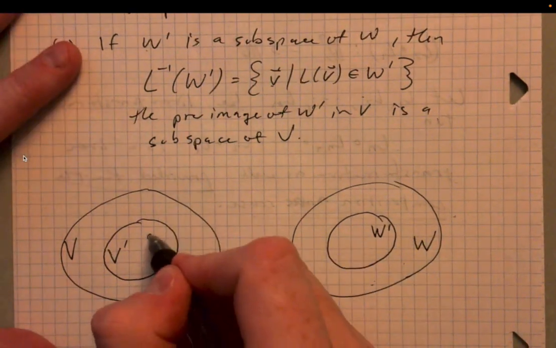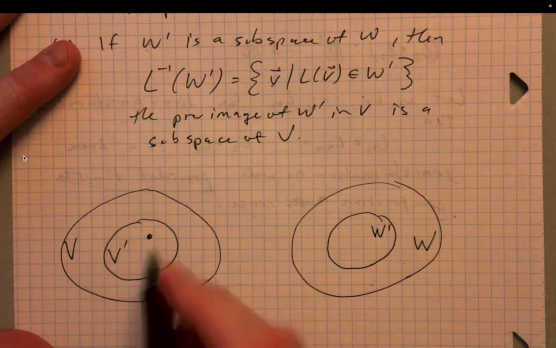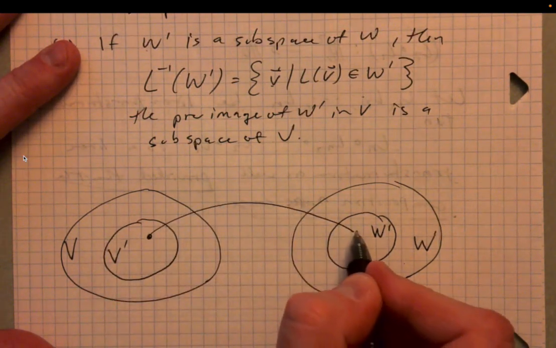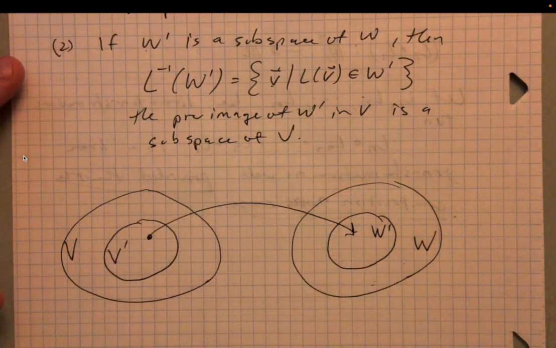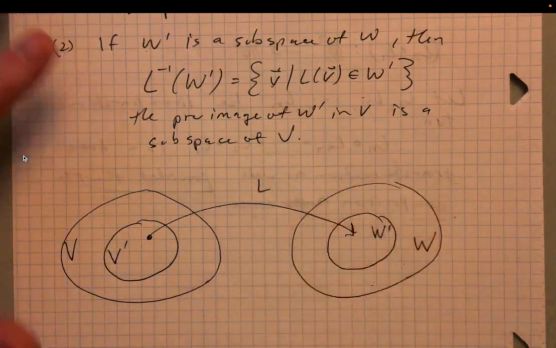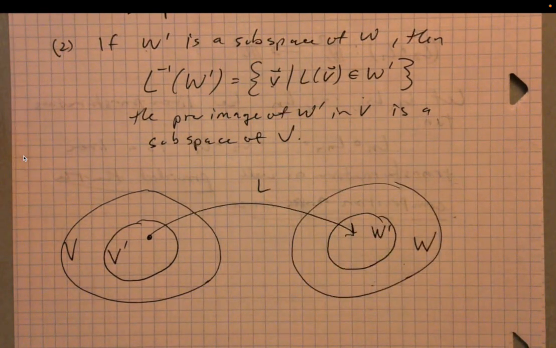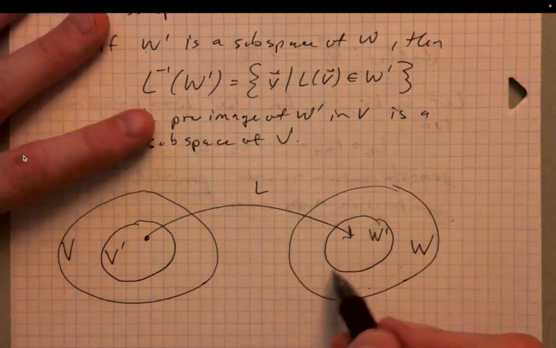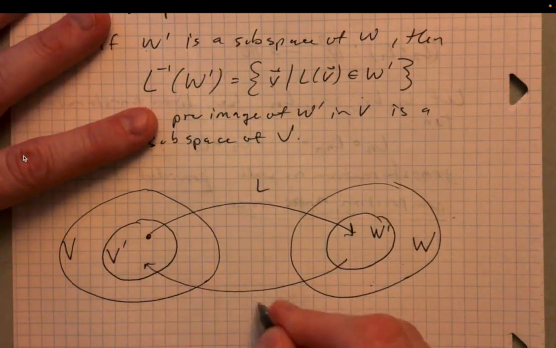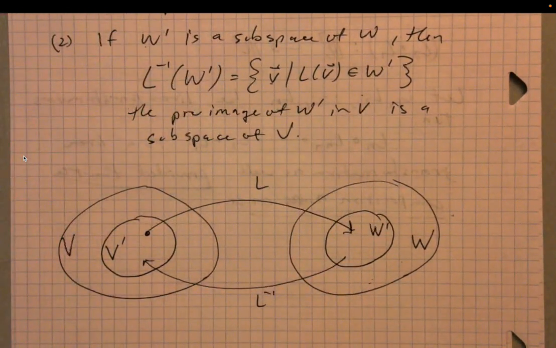Now, L, if I map all of V prime, it's going to land in W prime. That's what L does. L applied to V prime gets me W prime. And of course, the reverse is true as well. L inverse of W prime maps everything back to V prime.